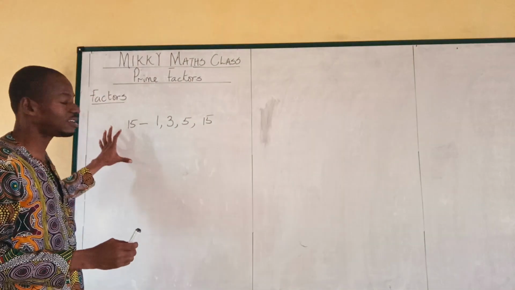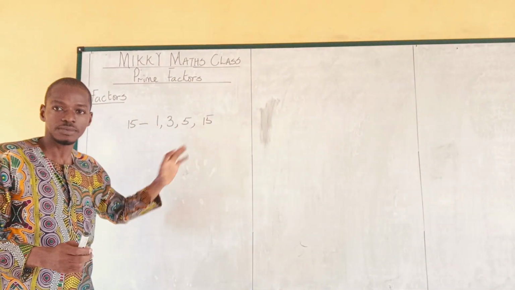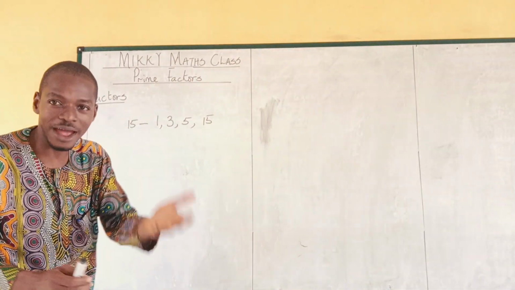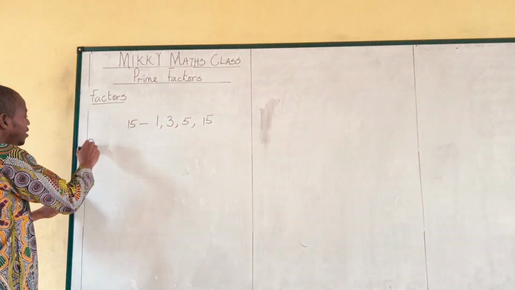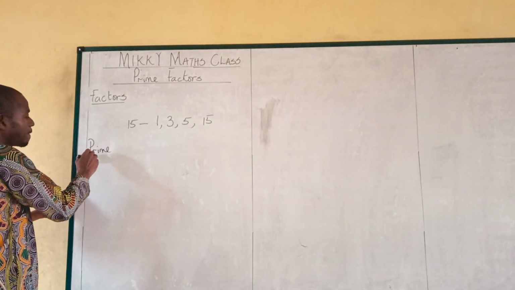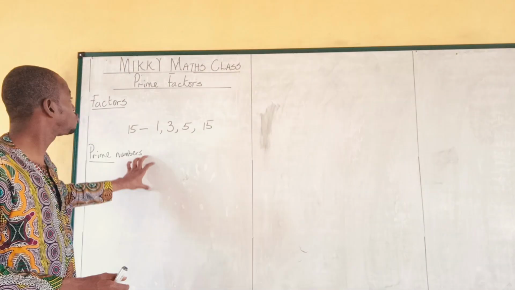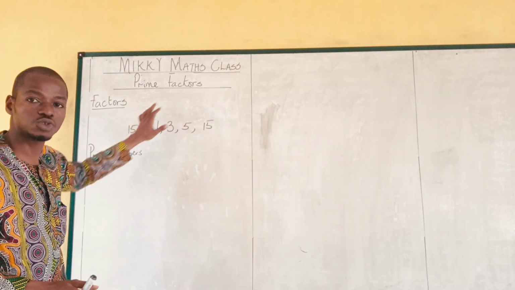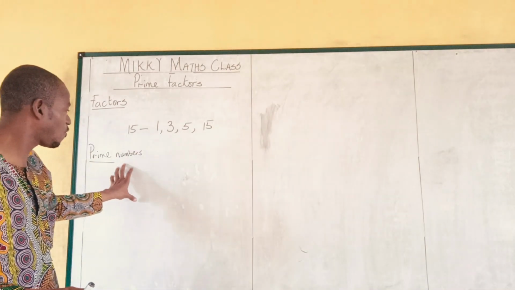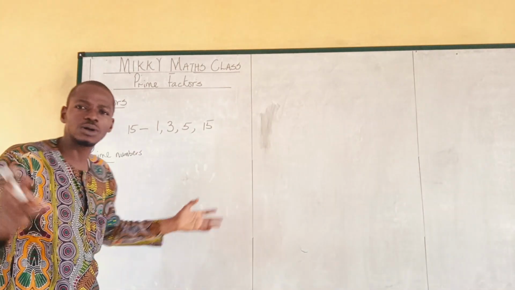Now that we have had an understanding of factors, the next one, what are prime numbers? For us to have an understanding of prime factors, we also have to have an understanding of what prime numbers are. Now, what are prime numbers?